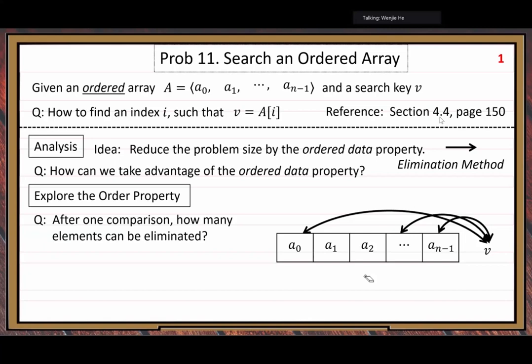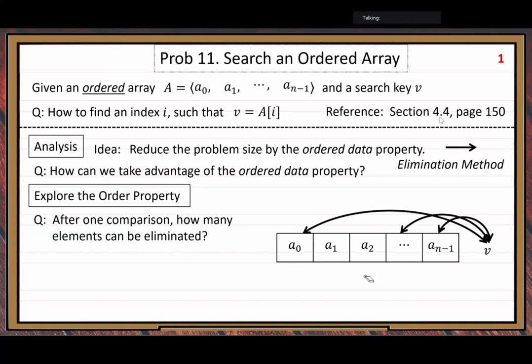Because, think about it. After the first comparison, part of the data in the array can be eliminated, right? So here, let's connect our comparison with the elimination. After the first comparison, we can eliminate part of the array.